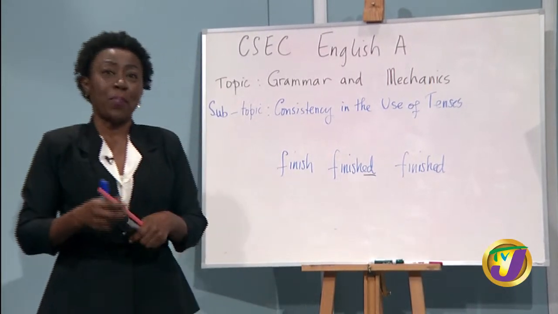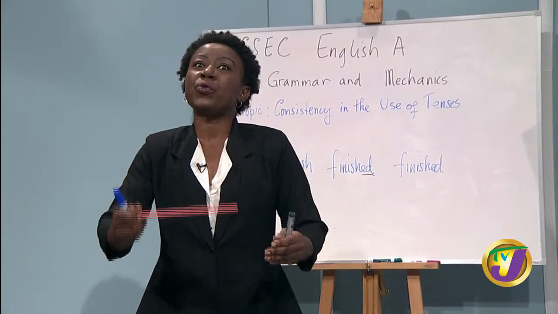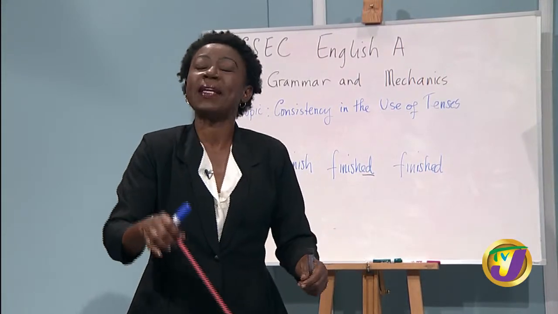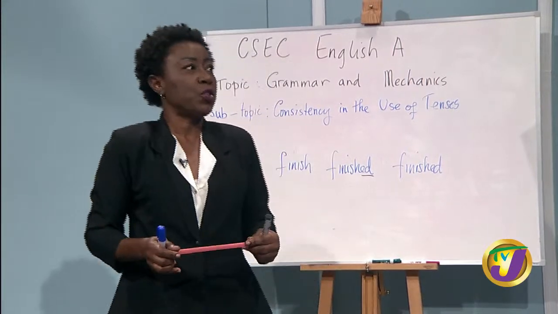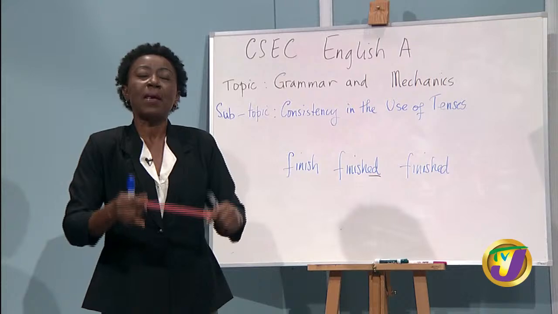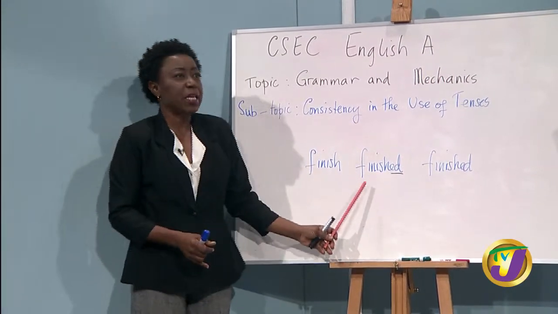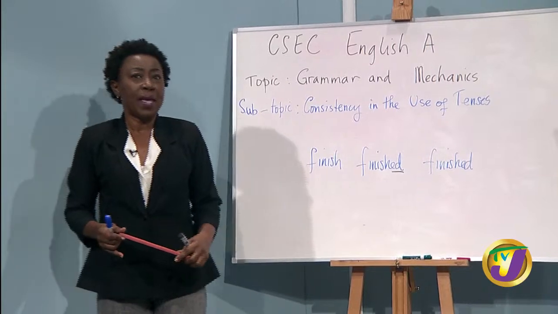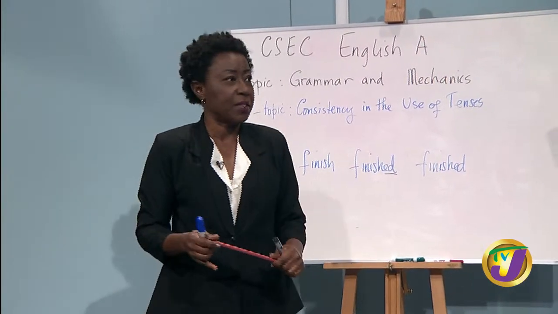When I am forming the perfect tense, meaning I started to do something before now, and I am still doing it, that tense explains it. So I use the present tense form and the past participle. So I have finished. Okay then, have finished. That will be the present perfect tense.